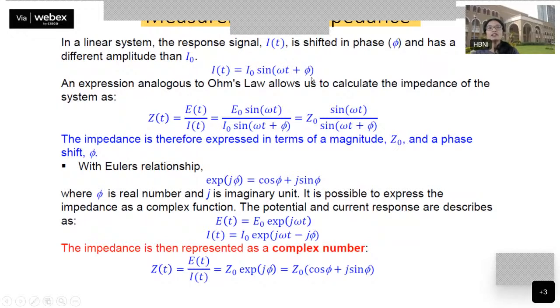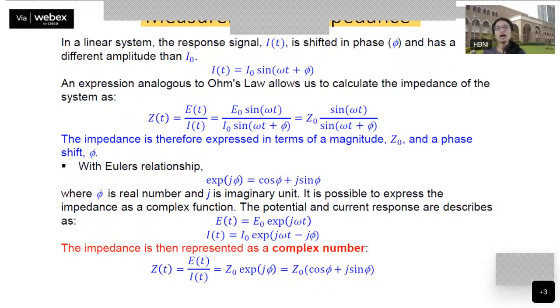What is this phi? This is basically the shift in the phase. If you are expressing impedance in the same way as you express resistance using Ohm's law, you will write Z(t) = E(t) by I(t), which is E0 sin(omega t) divided by I0 sin(omega t + phi).